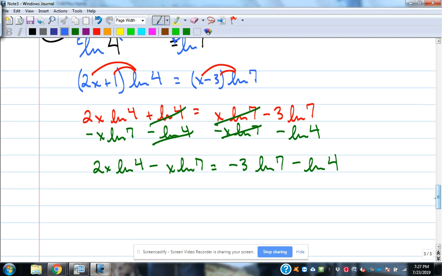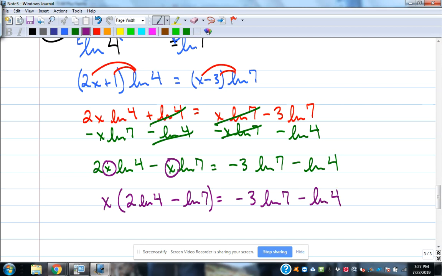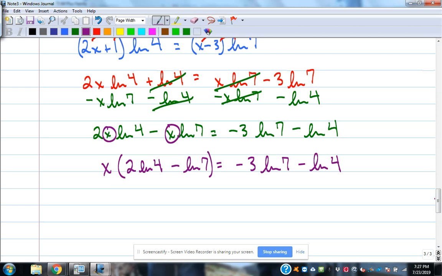What that allows me to do then is to say, oh okay, these two have x in common. So that means I can go x parentheses 2 natural log of 4 minus natural log of 7. One more step.